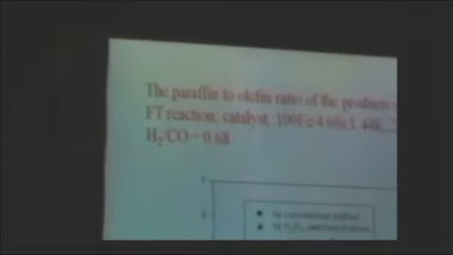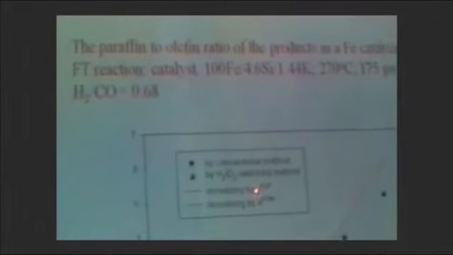Pardon me. If I look at the same thing when we use an iron catalyst, the alkane over the olefin, it is not as significant because most of the products up through C16 are olefins. And so the alkane to olefin ratio is much smaller. Chemically, it comes out about 0.2.